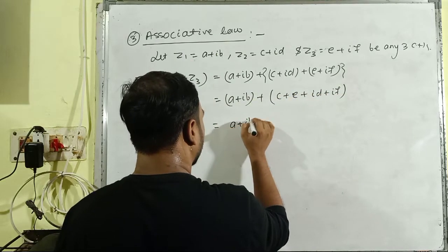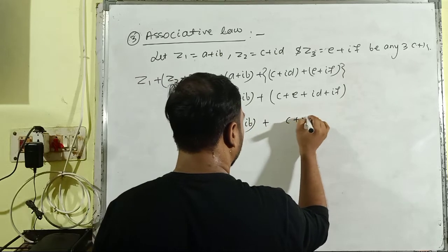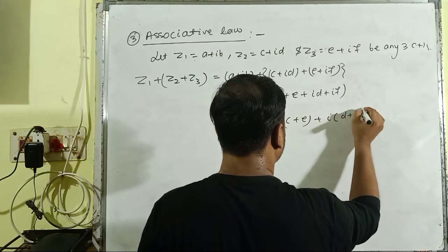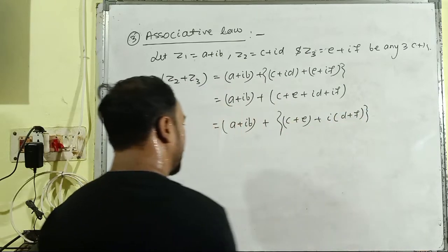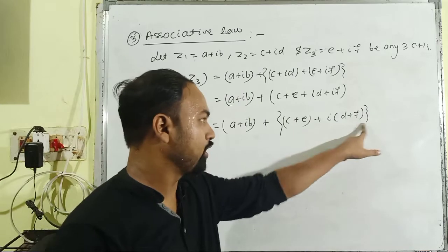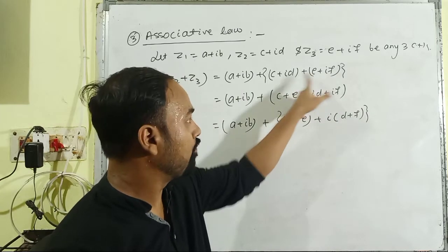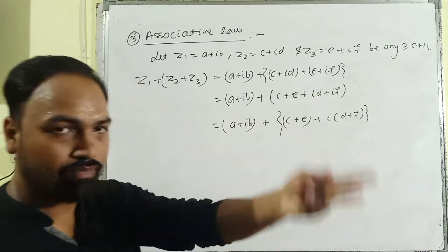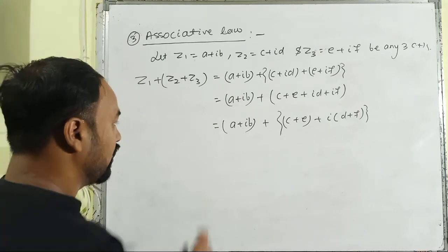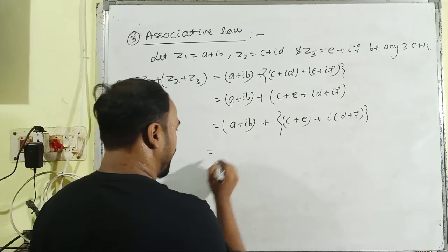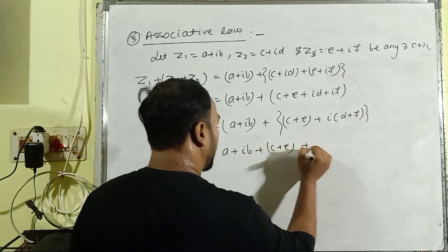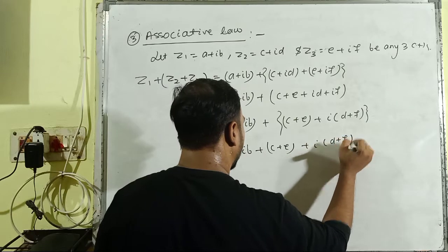Then it will be a plus ib plus c plus e, then taking i common, it will be d plus f, and then we have to add this complex number, because this is a complex number. The sum of two complex numbers is again a complex number. We have proved it a little while ago in the closure law of addition, and then adding it, we have a plus ib plus c plus e plus i into d plus f.